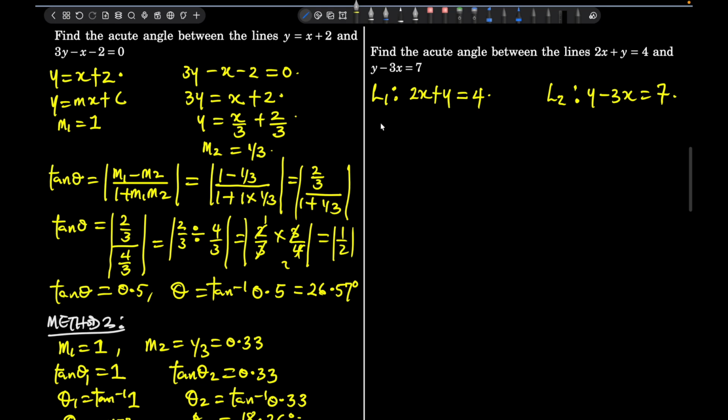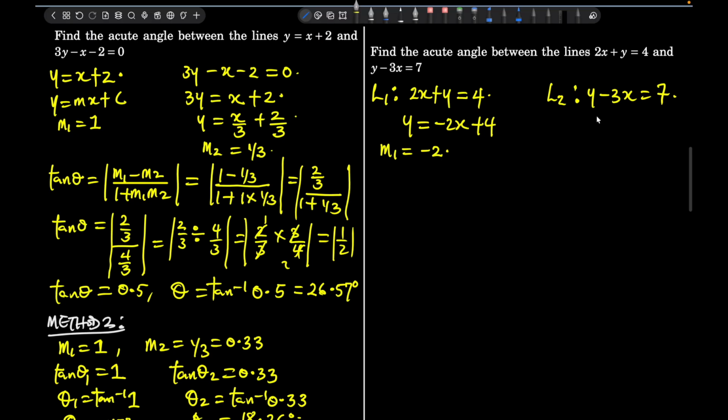You make y the subject of the formula. That's just the thing. y is equal to, if I take 2x to the other side, it becomes minus 2x, then plus 4, because 4 is positive. Now, which means that if you extract, y equals mx plus c, you see that your m1 is equal to minus 2. Let's keep that one.